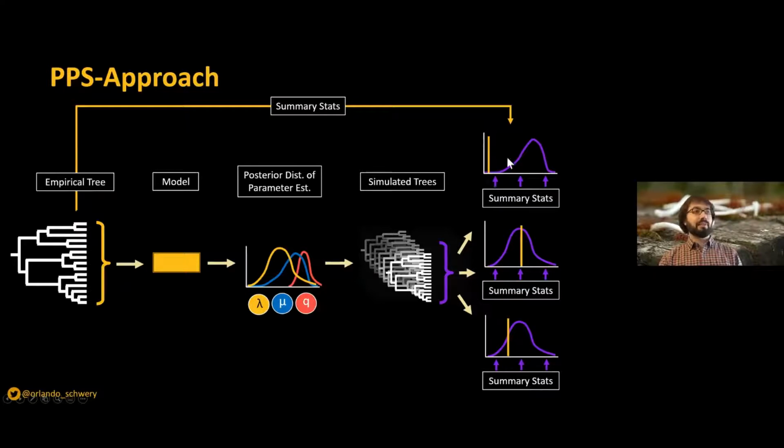However, if we have a case like this, where the empirical values fall outside of the simulated ones, then we would assume that the simulated tree looks different in a way that the model cannot depict. And so the model would not be adequate to capture those aspects of the empirical data.